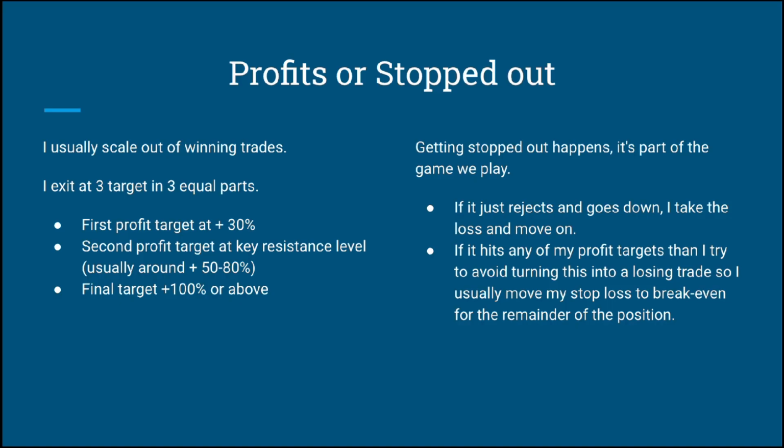And so, if you're scaling out on your winners, you also need to somewhat scale out on your losers on occasion. So once again, if it hits any of my profit targets, then I move my stop loss to break even for the rest of the position to make sure that that trade remains a winning one. This is how I execute. Some people may do it differently, but again, I just want to give you guys a clear, concrete example.